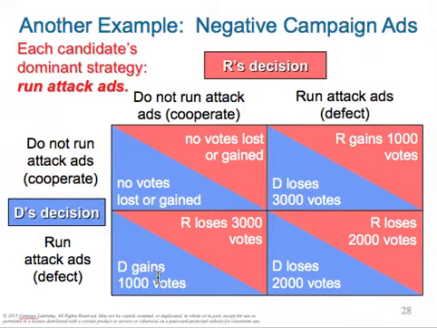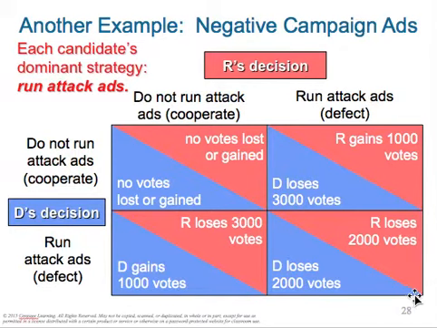Well, what would you rather do if you're running as a D? You'd want to get the 1,000 votes, so check mark in run attack ads. All right, comparing up and down, they can either lose 3,000 votes or lose 2,000 votes. Well, only losing 2,000 versus losing 3,000 is better, so check mark in run the attack ads. So that means both R and D's dominant strategy is to run the attack ads.